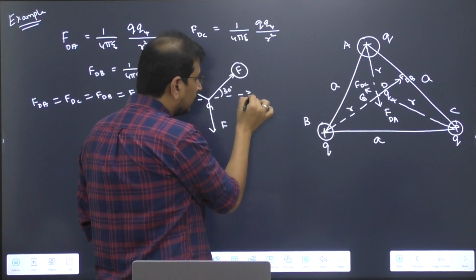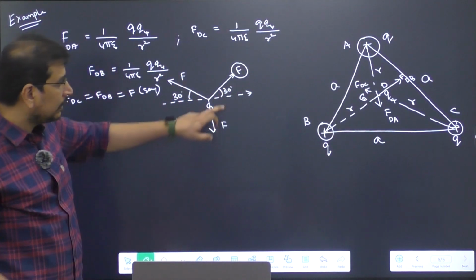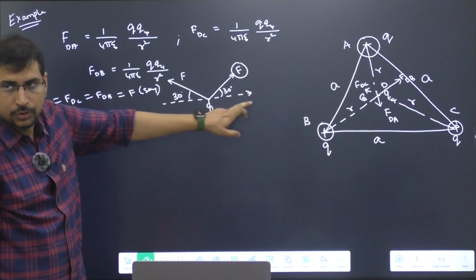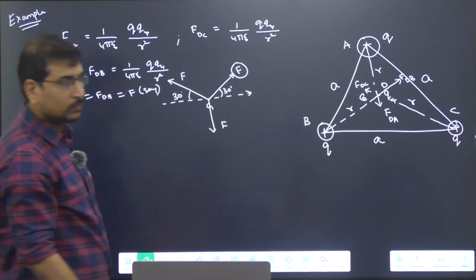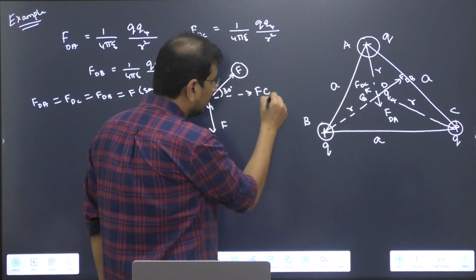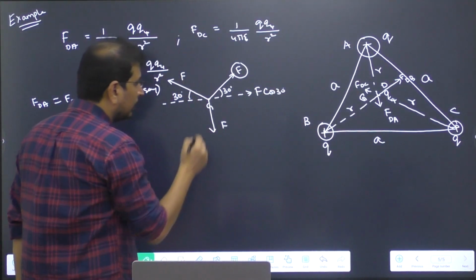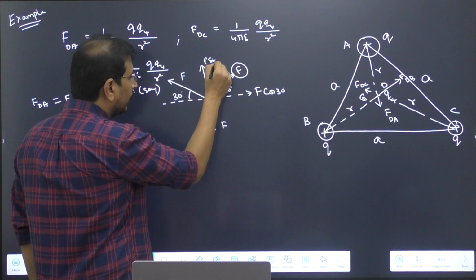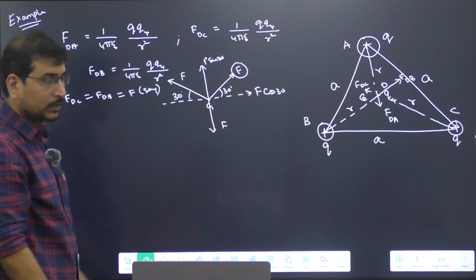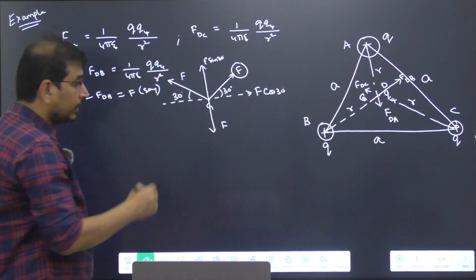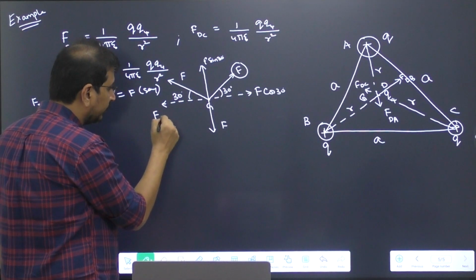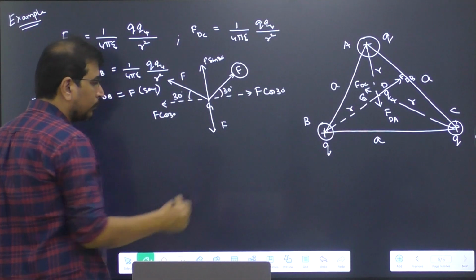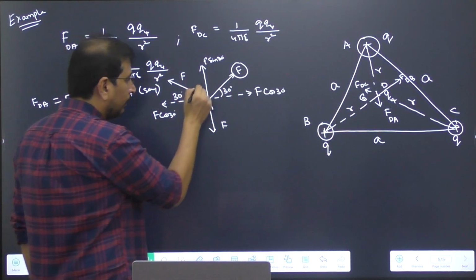Remember, wherever the angle is there you should write cos. So this will be F cos 30, and upward will be F sin 30. This one is F cos 30 and upward will be F sin 30.